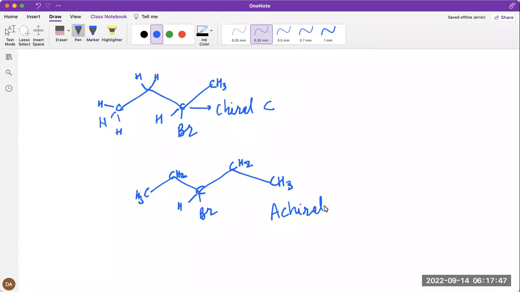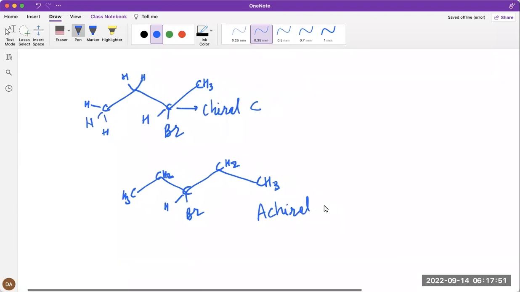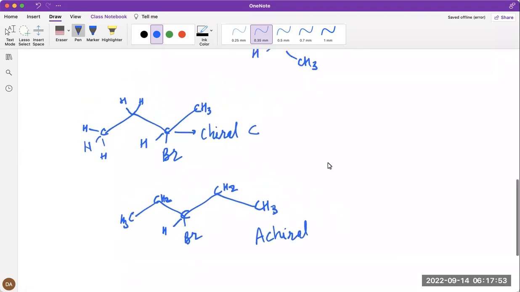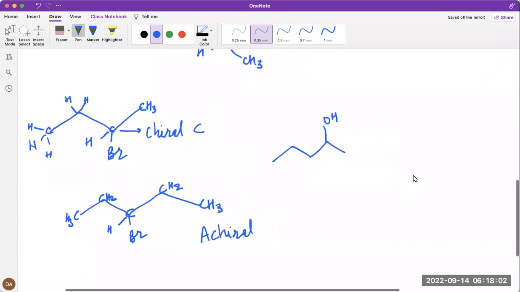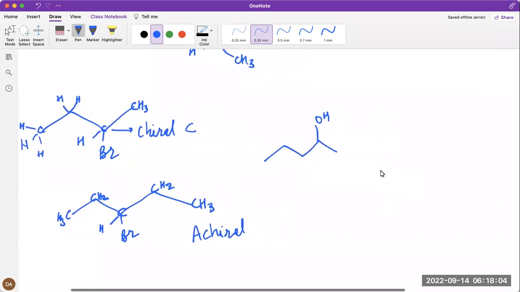All right, and then let me give you another example here. We're going to be comparing 2 molecules and seeing what type of isomers they are. Are they stereoisomers or are they constitutional isomers?